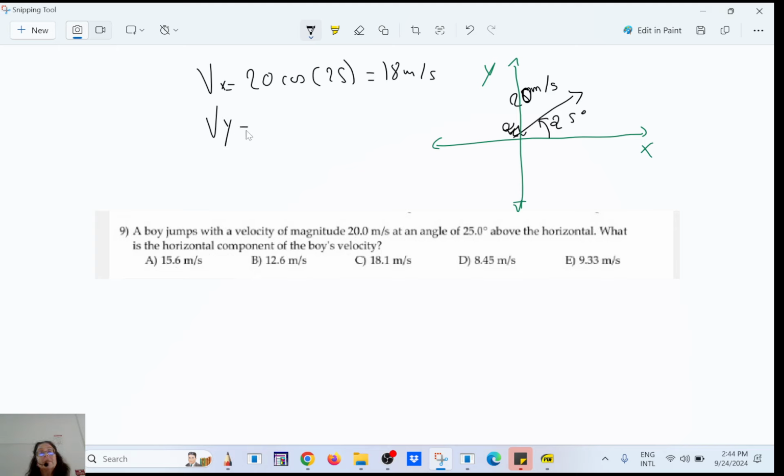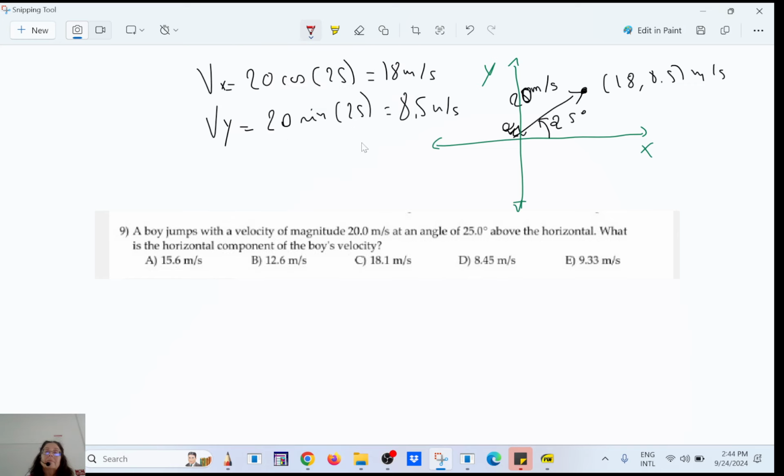And the y component is, if you have any question, let me know. Okay? Sine 25, 8.5. So 18, 8.5 meters per second.